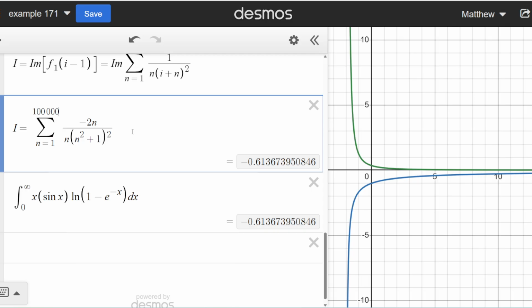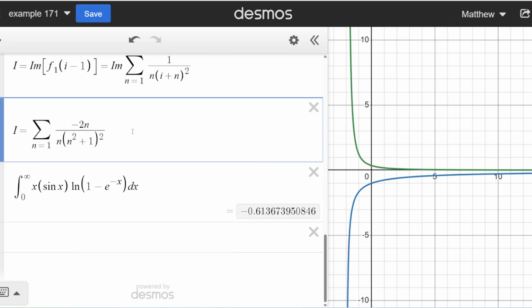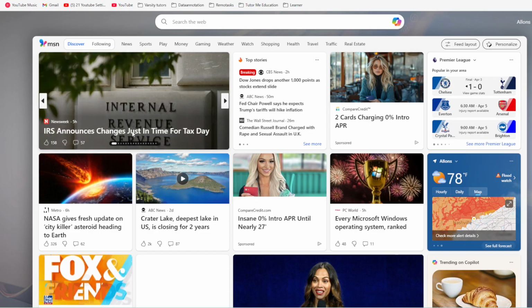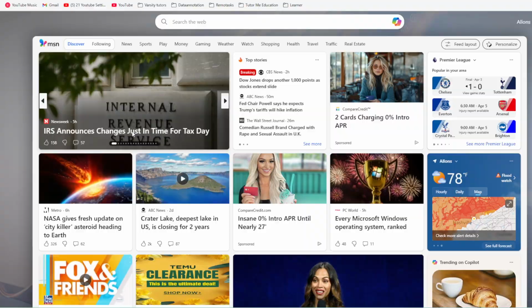So let's put our infinity back, and I'm going to plug this into ChatGPT and see if there's any sort of special function. Oh look, that n and that n cancel. And let's bring this negative 2 outside. Now let's ask ChatGPT if there's any special function representation for this.